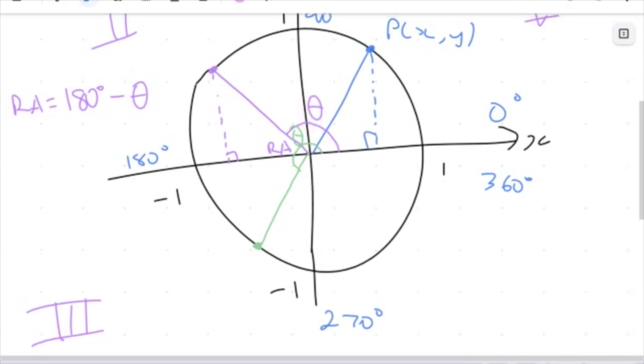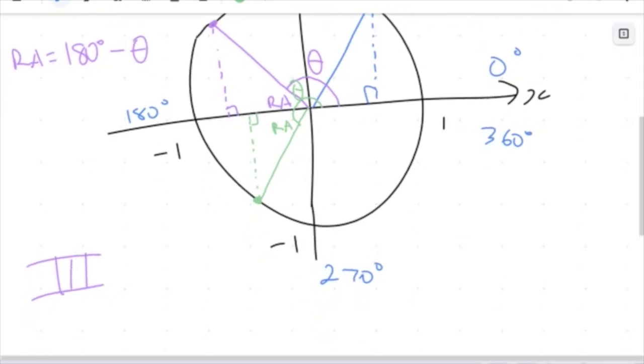Now I'm looking for a reflex angle. Well, my theta is a reflex angle. So I can't do this 180 minus theta anymore. But if I just draw in, again, just down to here and make a right angle, the reference angle I'm looking for is this guy down here. So my reference angle is going to be there.